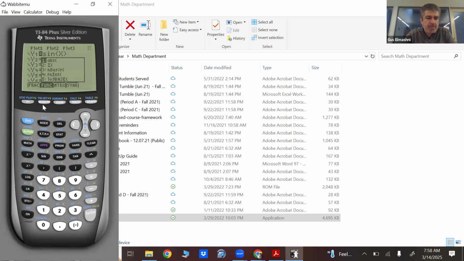You want to start the table at 0, so it'll be 0 degrees because your x is in degrees, and step 15. Keep it on auto. Hit second graph. It's going to generate all the different values you should get for sine.